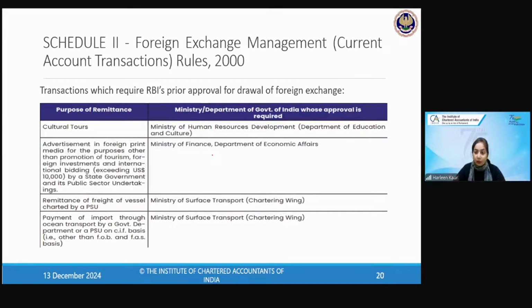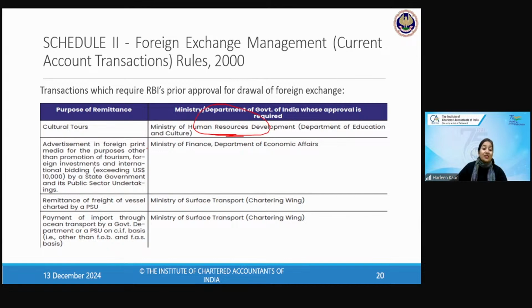So the examiner will give you a question. There is Mr. A who wants to hold cultural tours outside India, in the USA or England or wherever, or in Paris, Italy. Do you think any government's approval is required? Yes, it is written over here. Government of India's approval is required. Which department, which ministry? It says Ministry of Human Resource Development. Their approval is required for this purpose.